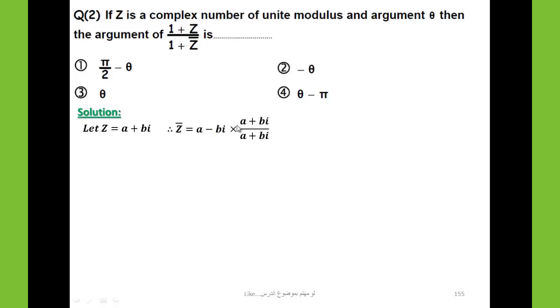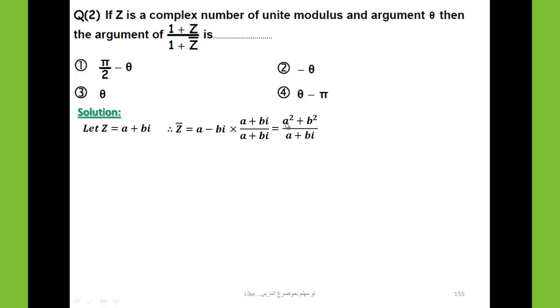Multiplying up and down by a plus bi over a plus bi, we get in the numerator a minus bi multiply a plus bi equals a square minus bi all square, and i square equals negative 1. So it equals a square plus b square over a plus bi.